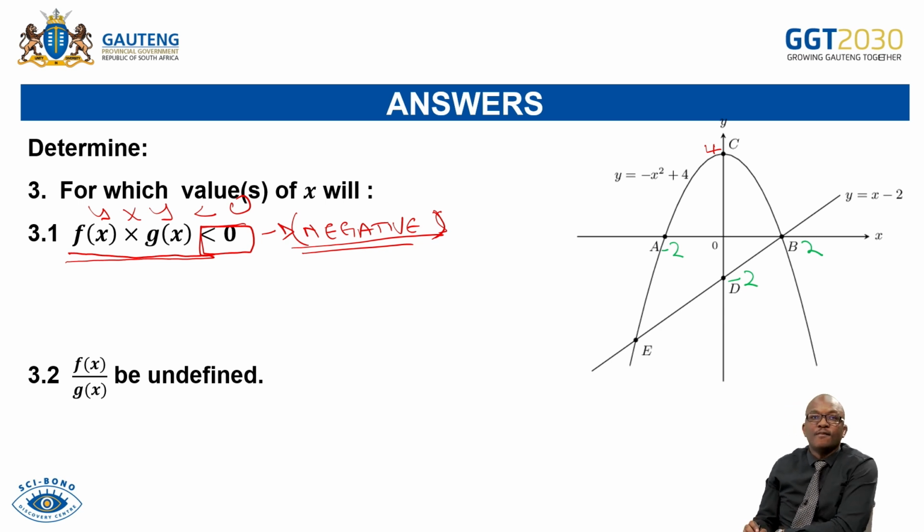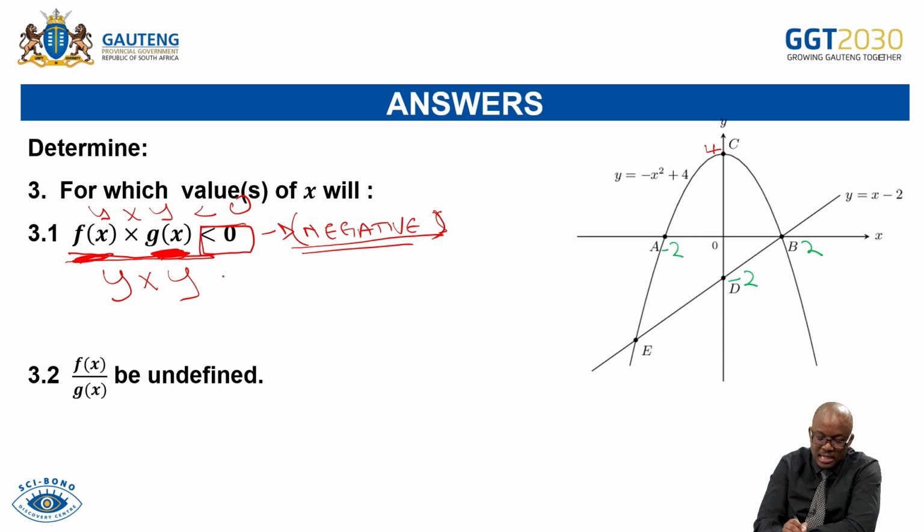So, in this case, what do we say? We are saying, what are the conditions of y values? When I say y value of f multiplied by y values of g, that will give me negative values. Remember, I'm talking about the values of y.